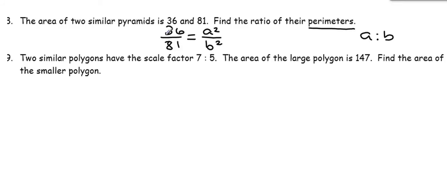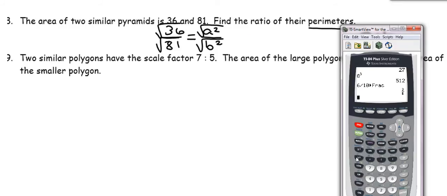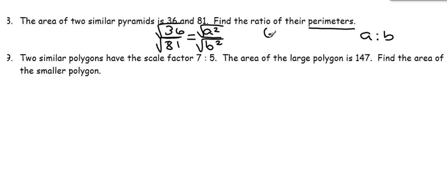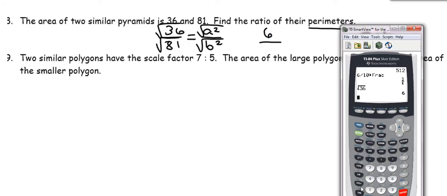Well, if a squared is 36, then a would be the square root of 36, and b would be the square root of 81. The square root of 36 is 6, and the square root of 81 is going to be 9.